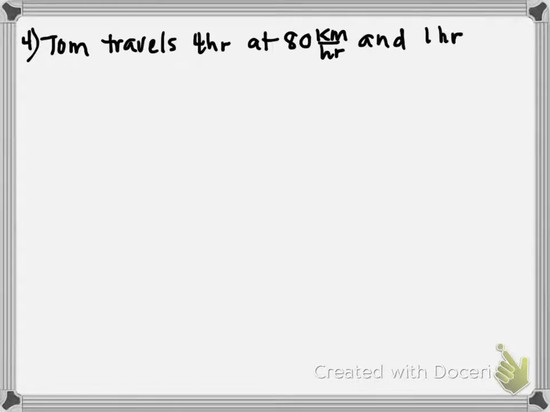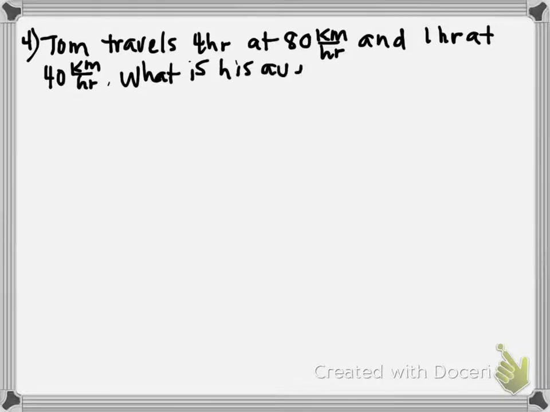So Tom travels 4 hours at 80 kilometers per hour and 1 hour at 40 kilometers per hour. What is his average speed for the whole trip?